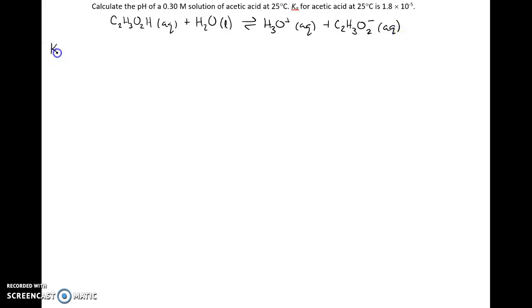The acid dissociation constant for this reaction can be written as H3O+ times the concentration of acetate ions, C2H3O2-, divided by the concentration of acetic acid in solution.